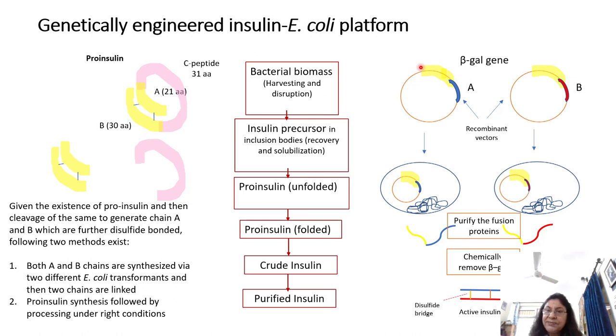Okay, so what was found over research carried out over decades is that if chain A is synthesized as a part of a fusion protein with beta-gal, then it is going to make large amounts of this fusion protein. Then number two, we are going to develop strategies to separate out this beta-gal part of the fusion protein. So that is the kind of strategy which is applied here.